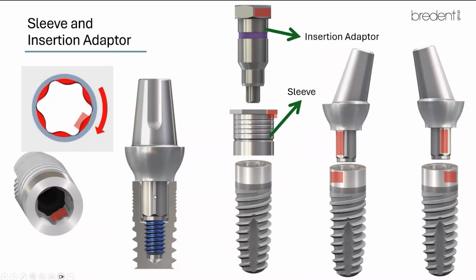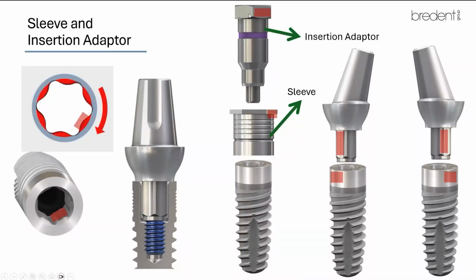If you could follow my mouse clearly. This concave goes and fits in this particular convex. So this concave and this convex is equal to the hex shape of this particular sleeve, and also equal to the hex of your insertion adapter.